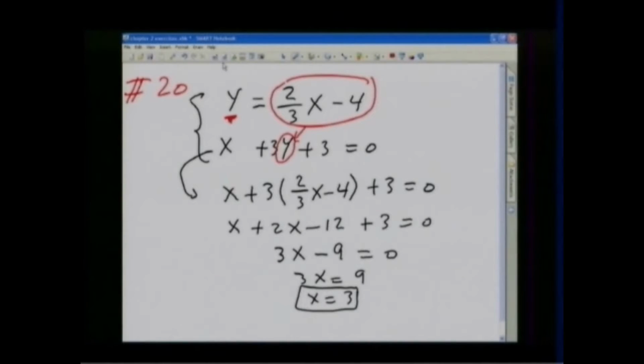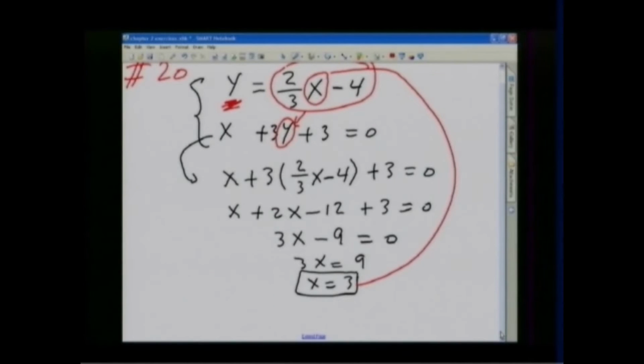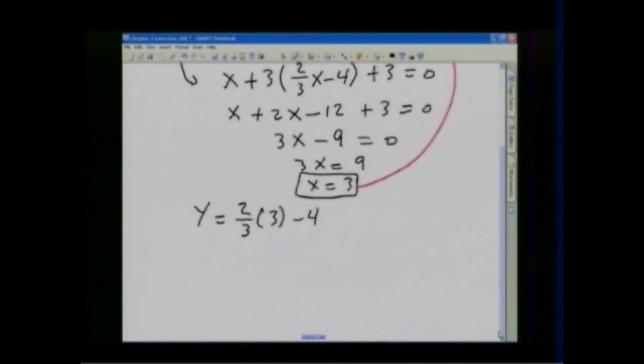To find the y-coordinate, I just plug in for x in this first equation and find y. So y would be equal to 2/3 times 3 minus 4. 2/3 times 3 is 2. 2 minus 4.